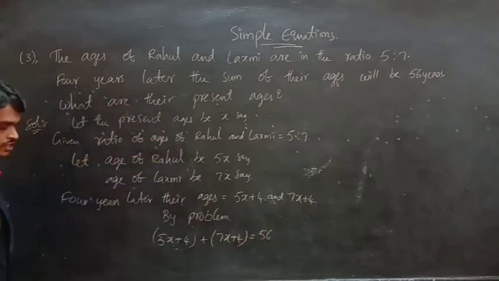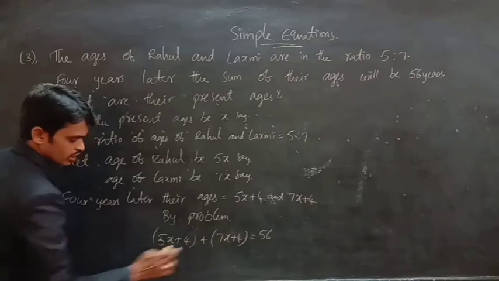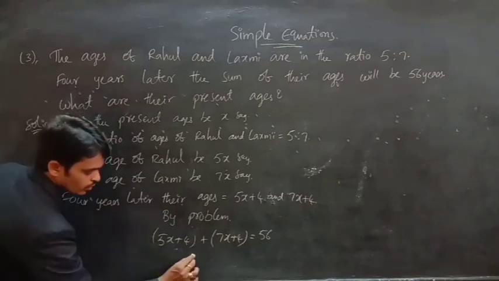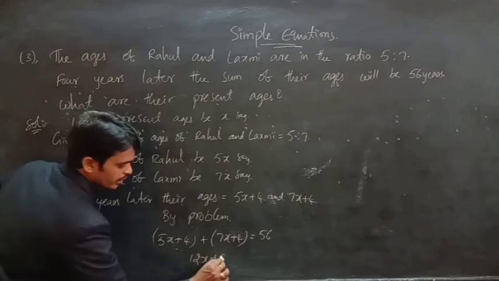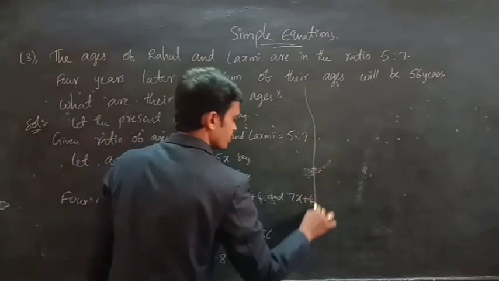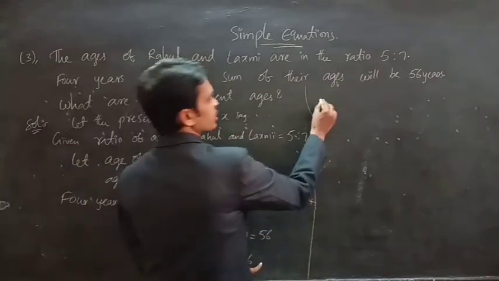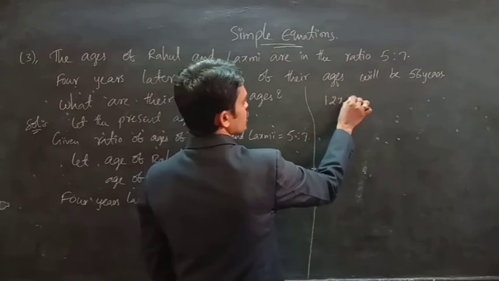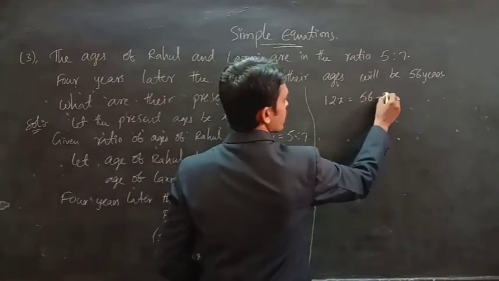Now add the variables and the constants. 5x plus 7x, 12x. 4 plus 4, 8, is equal to 56. Now 8 is transposed to RHS. Then 12x is equal to 56 minus 8.